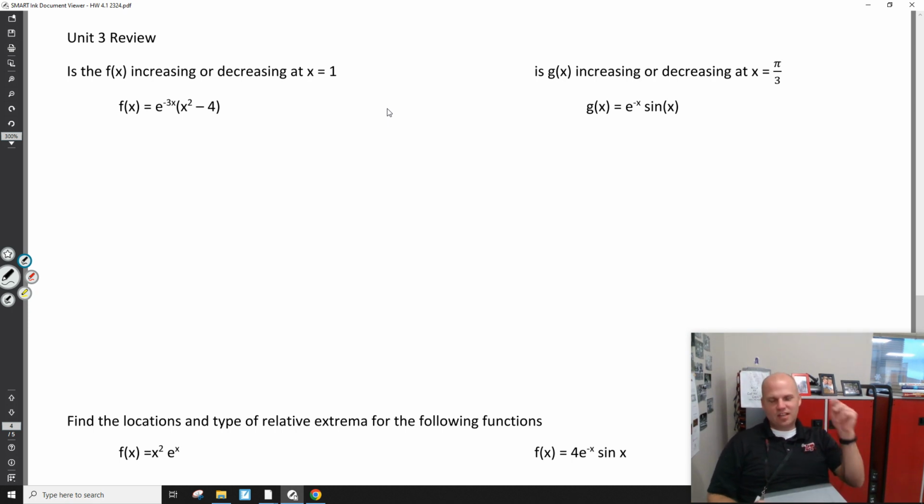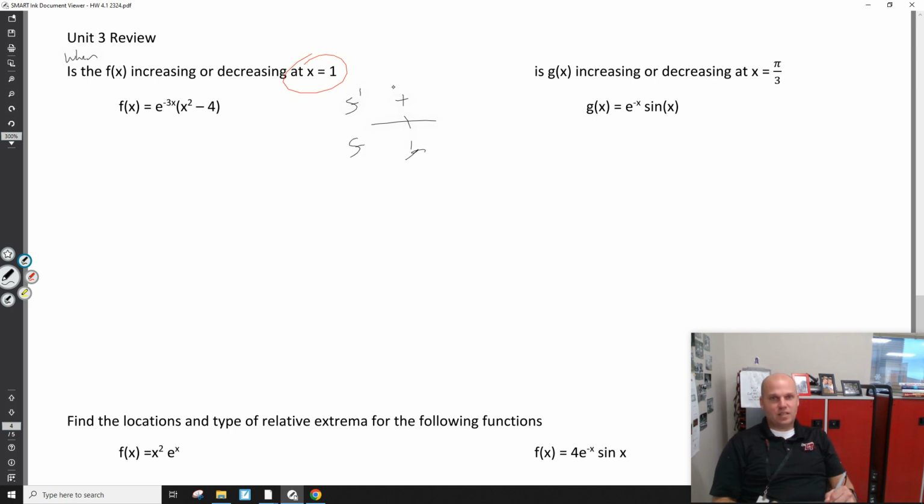Is a function increasing or decreasing? Well, very, very important, first of all, to understand that you're just talking about one location. Now, if I asked you when f is increasing or decreasing, you would need to do a full sign analysis, a full step 1 and step 2. Since I'm just asking you at a point, all you have to remember is like at your test point 1, if it's positive, you know f prime is positive, f must be increasing.